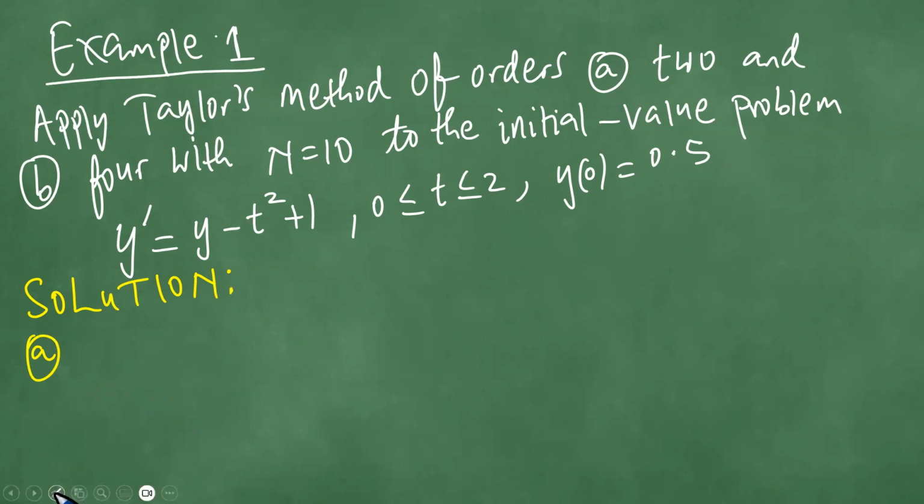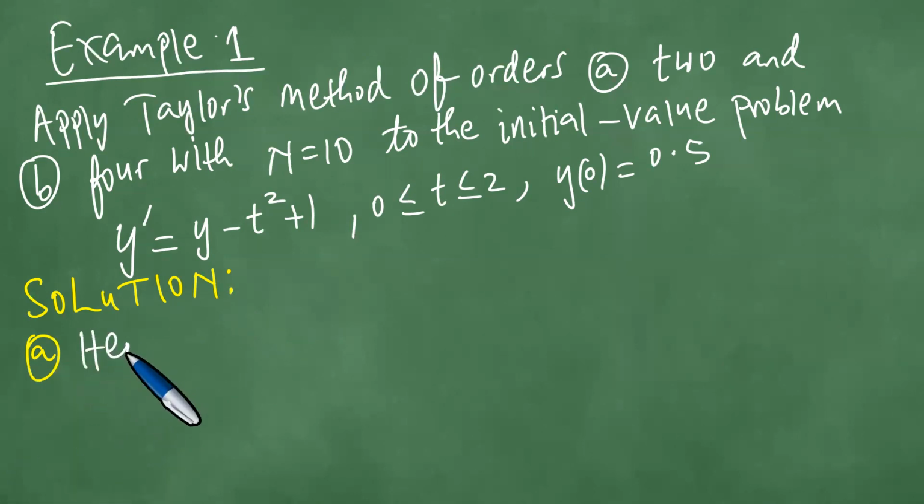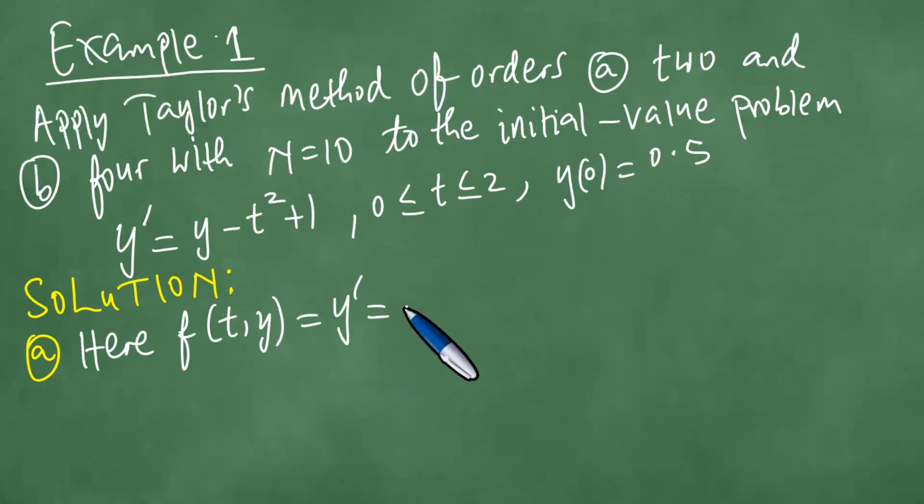Okay, to solve this particular example, we shall say here, in this question, we take f of t and y, which is y primed, which is y minus t squared plus 1.